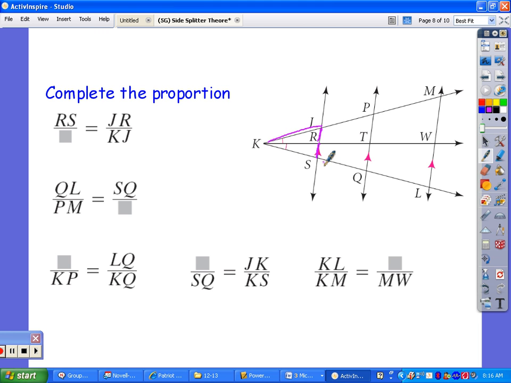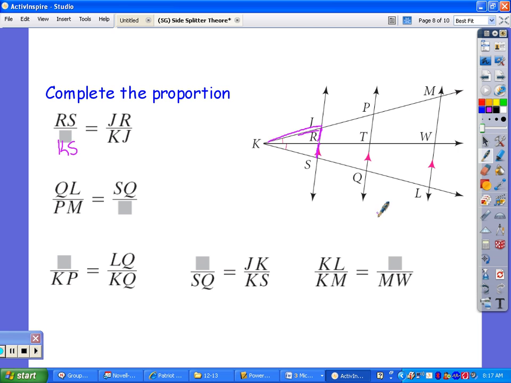So if we look at that, this KJS is a triangle, and we have an angle bisector, so we're going to use the angle bisector theorem. And so the part that we're missing in the triangle, we have RS, which is this piece, we have JR, and we have KJ. So the last piece that we're missing is KS for the angle bisector theorem. So we're going to put KS there.